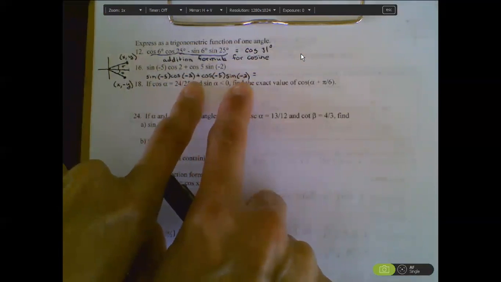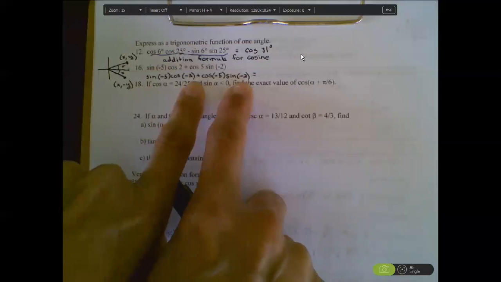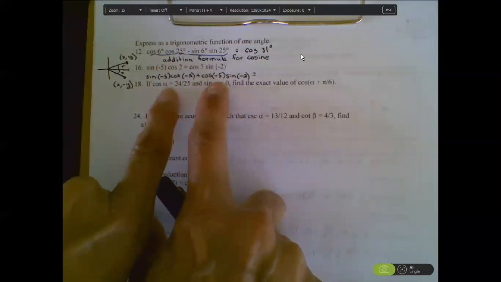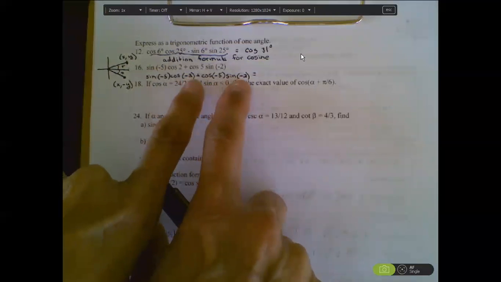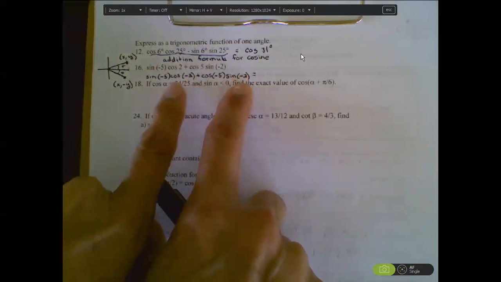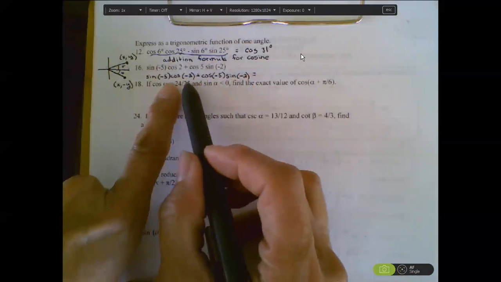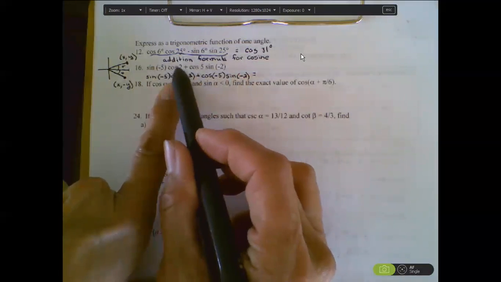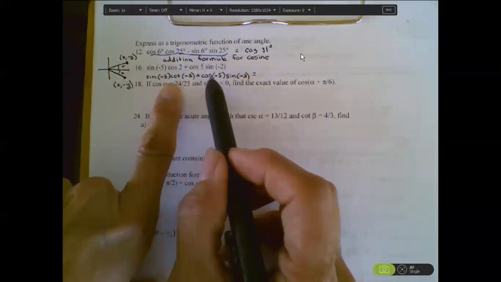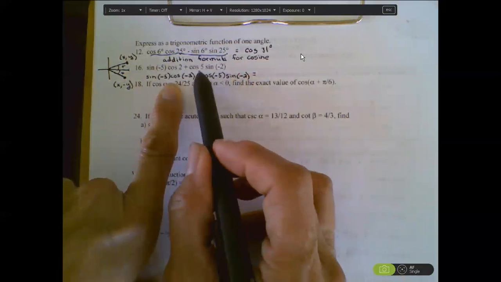If I want to identify what u and v are, then I need the same u in both terms and the same v in both terms. The only thing that allowed me to do that was the fact that cosine of negative 2 is the same as cosine of positive 2. And cosine of negative 5 is the same as cosine of positive 5.